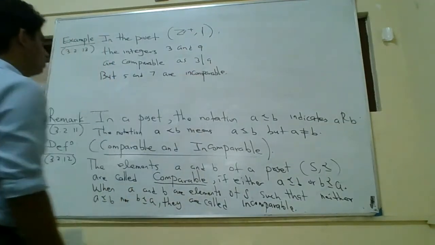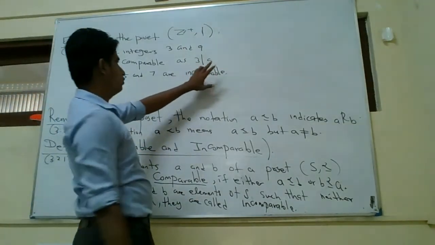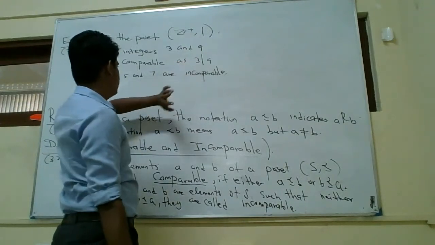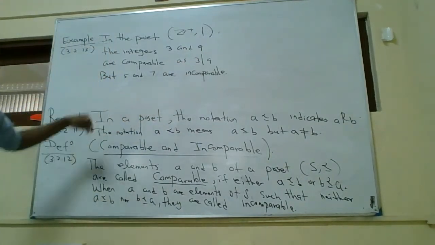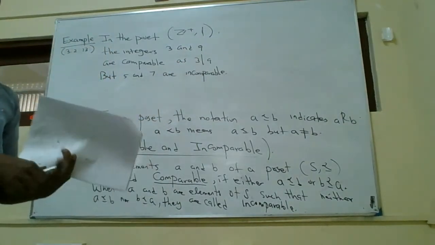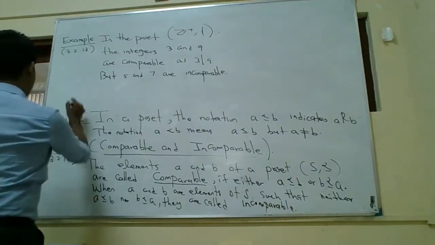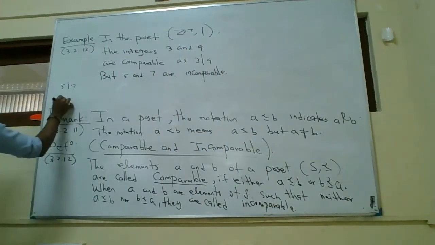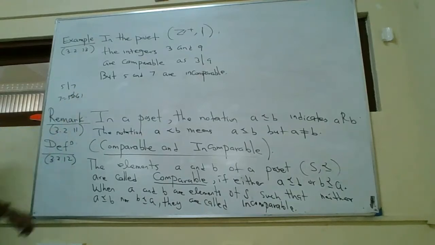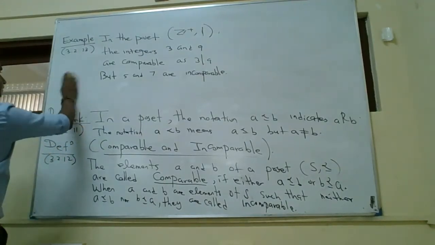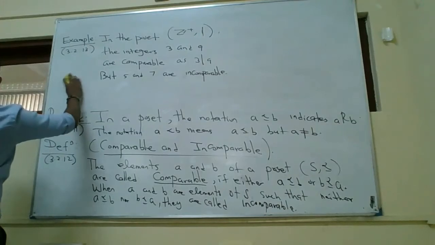Is it okay? Because 5 divides 7 is not true, and 7 divides 5 is not possible either. Understand? 5 divides 7 means you can't get any integer for this product. Therefore it's not possible. Right. Next example, so next remark.